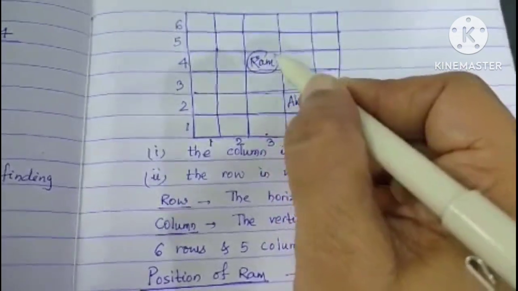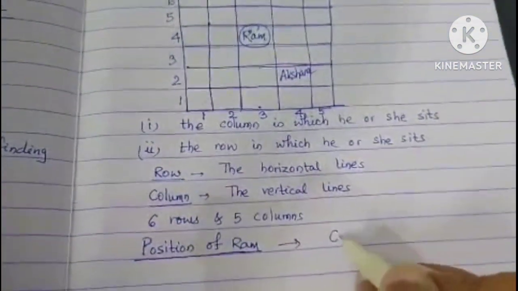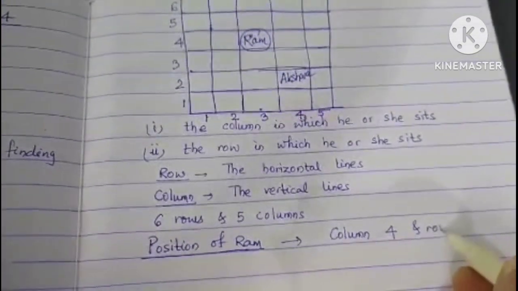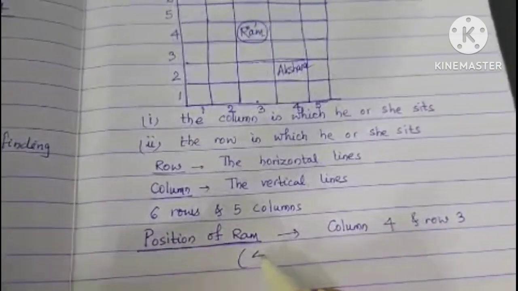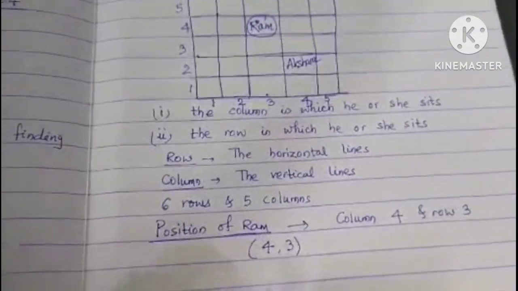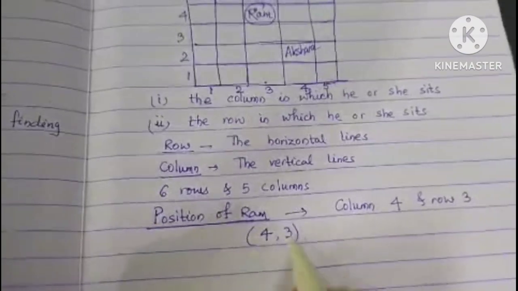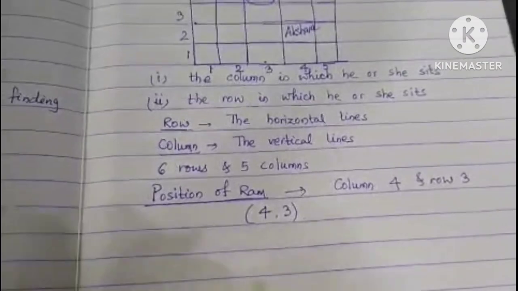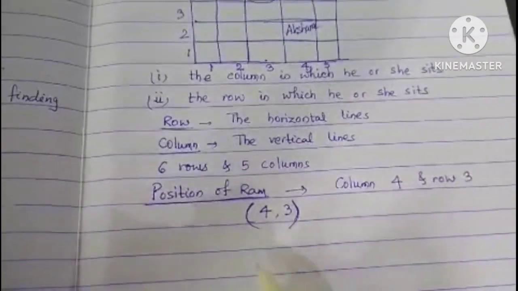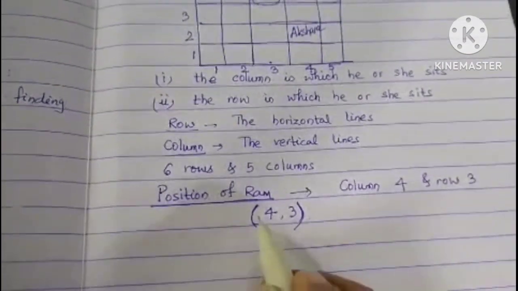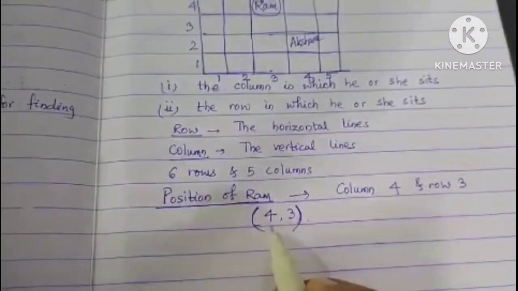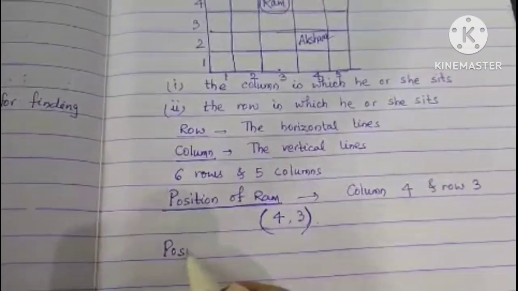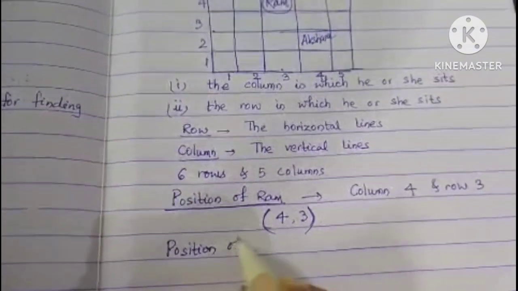It is quite clear. We will say it like this: column 4 and row 3. We will later get to know that these are called ordered pairs. I will tell you in the next few minutes, or maybe in the next lecture. For the time being, let us keep it like this. Now the position of Akshara, let us see.